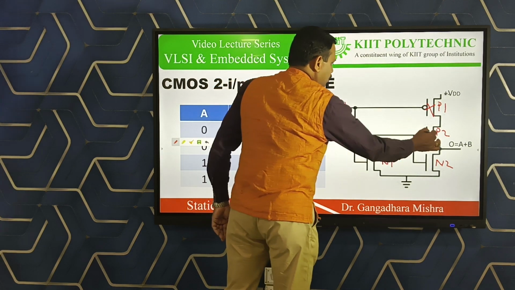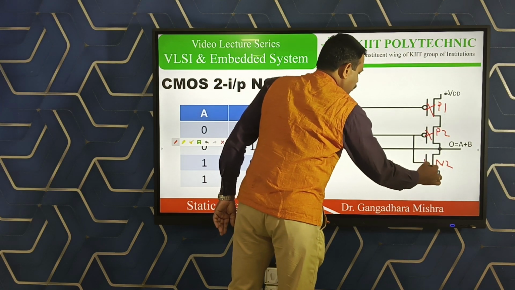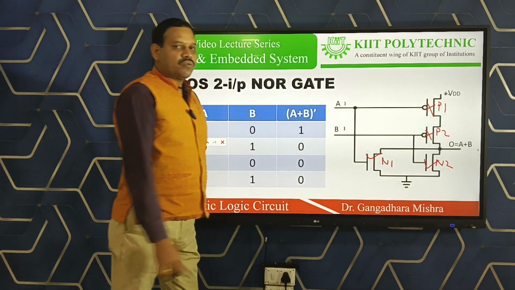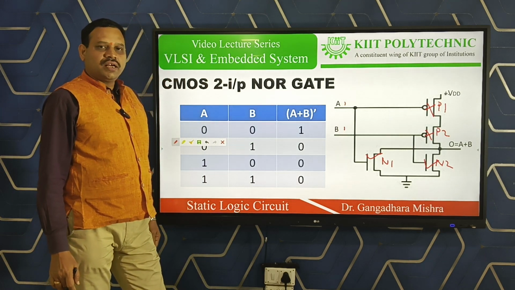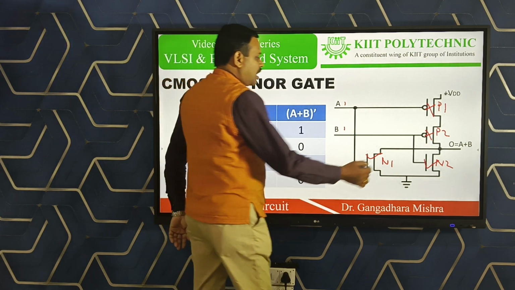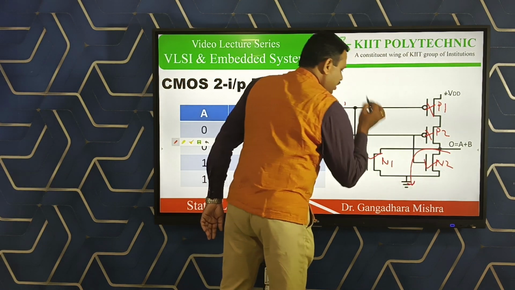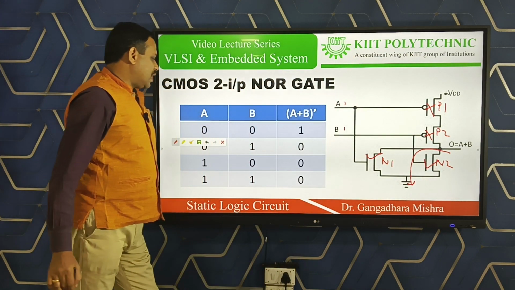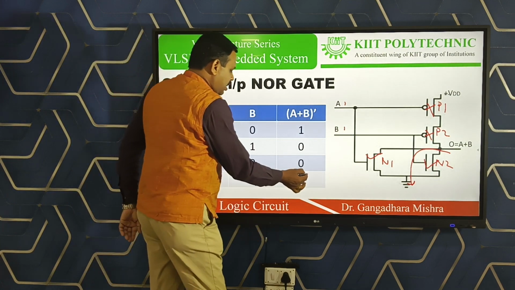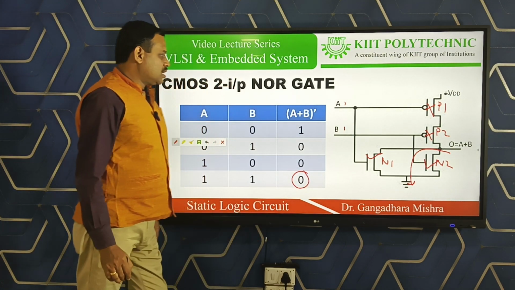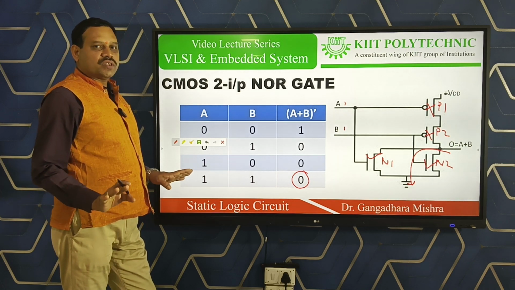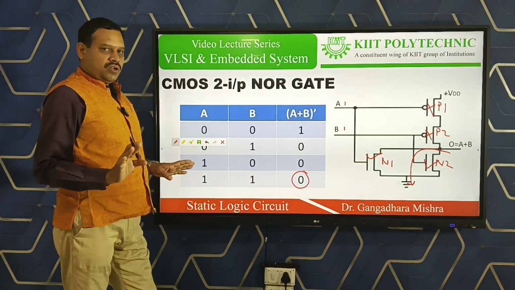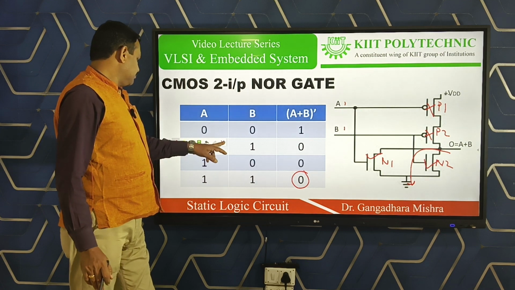When B is equal to 1, P2 to cutoff, N2 to conduction. So here we find both transistors N1 and N2 are in conduction state. As a result, the output will be directly connected to the ground, so the output will be at logic 0 state. So here also we have proved the operation of a NAND gate.